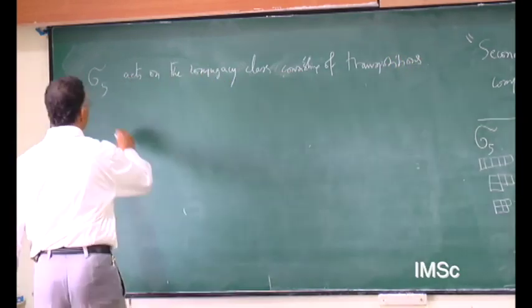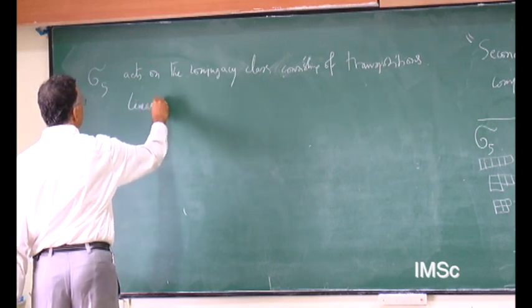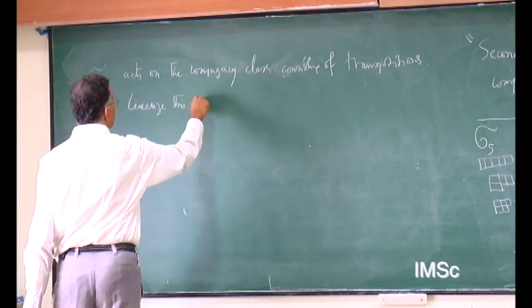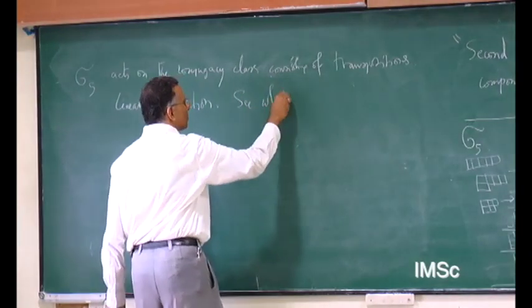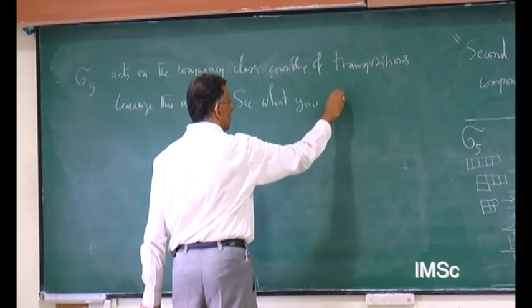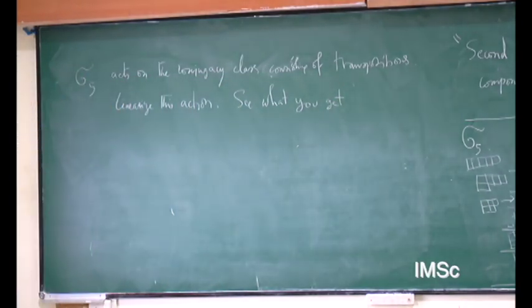Okay, linearize this action and see what you get. When we linearize the defining action of S5 on 1, 2, 3, 4, 5, the dimension there is 5, but here the dimension will be 10.